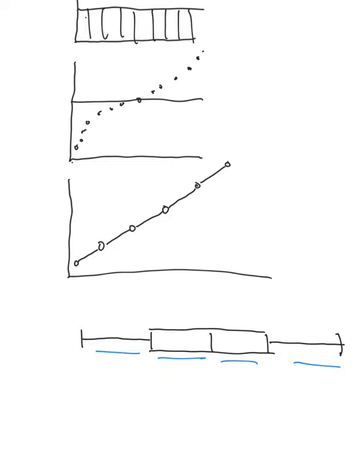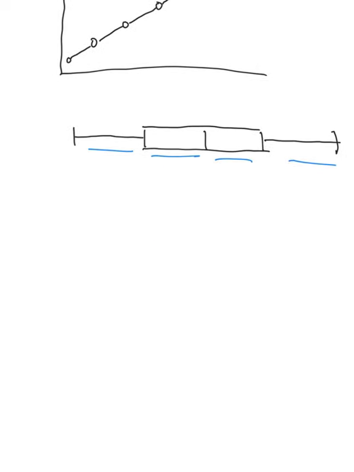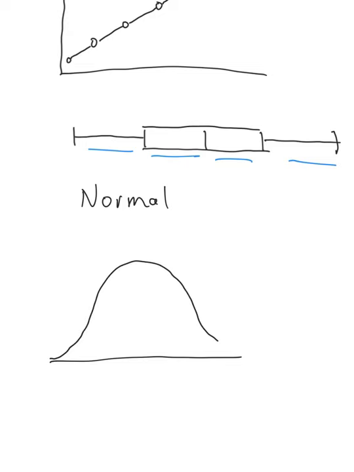Next, let's talk about a normal graph. So if I were to think of a normal graph, let's call this normal. A normal graph is unimodal and symmetric, and it looks like a bell curve like this, right?